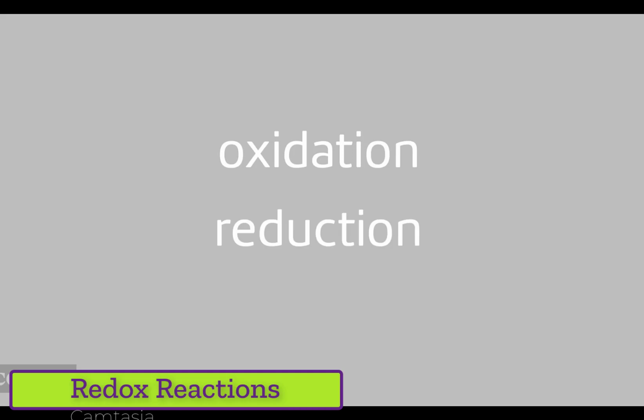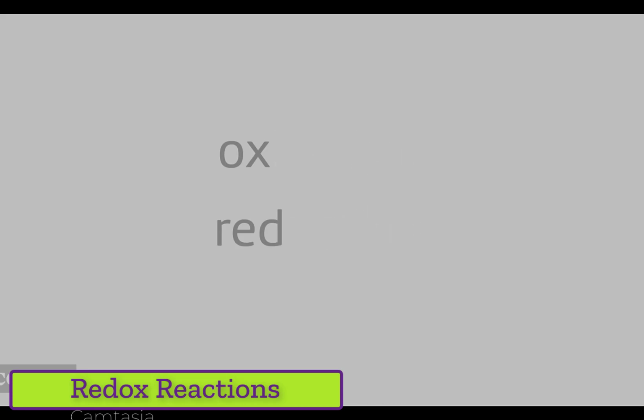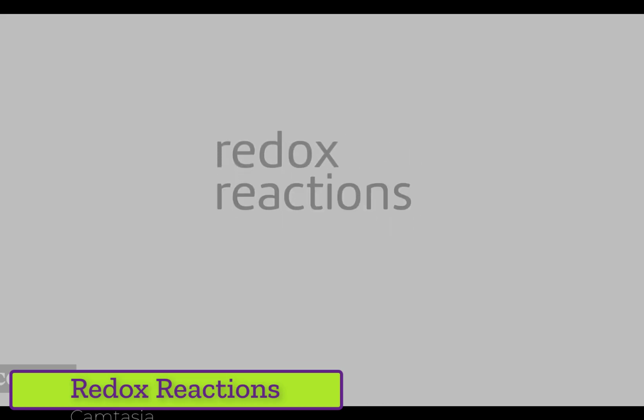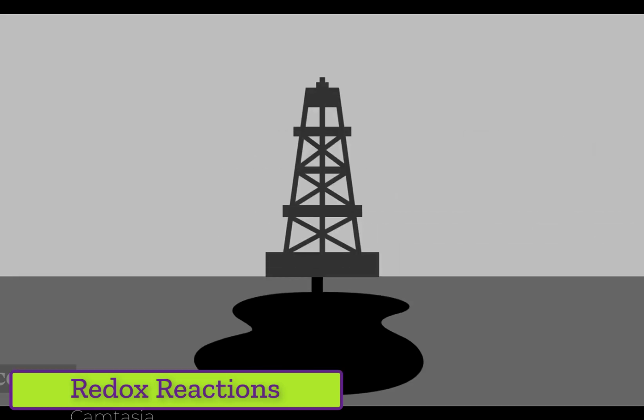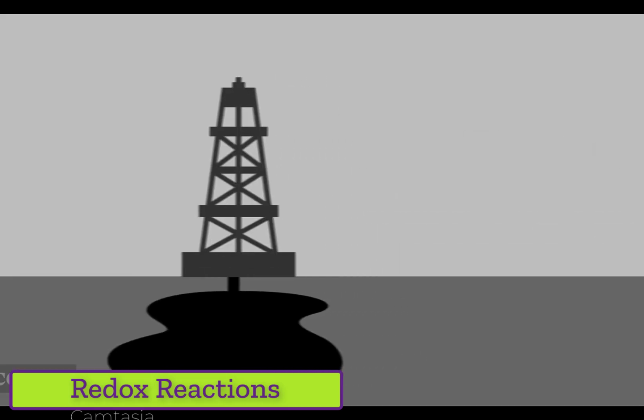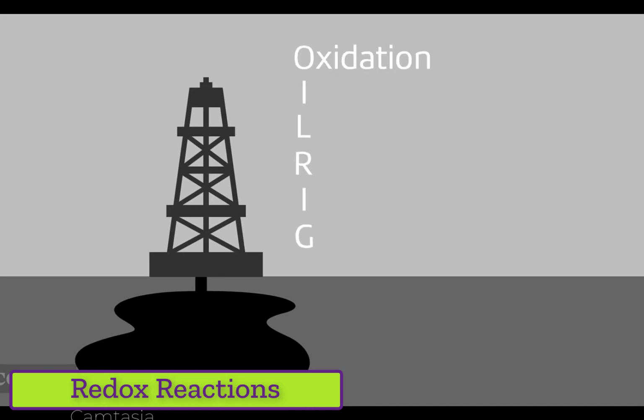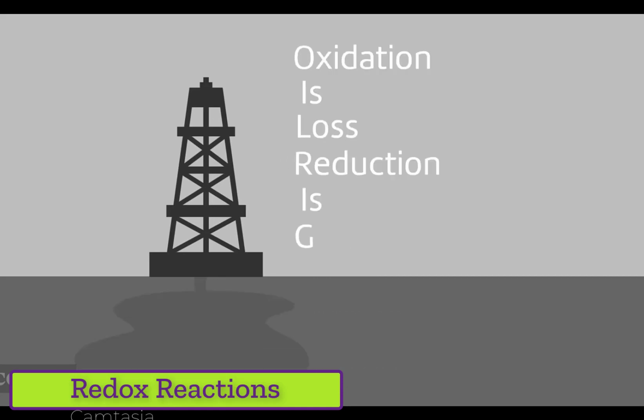Oxidation and reduction are really just different aspects of the same thing, so we mix the words together and call the combination redox reactions. Redox reactions are reactions that involve the transfer of electrons. You can remember which reactants are oxidized and which are reduced using the mnemonic OIL RIG. Oxidation is loss and reduction is gain. OIL RIG.